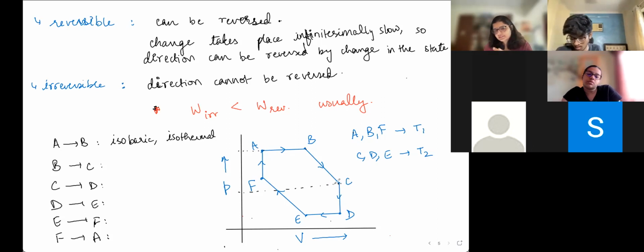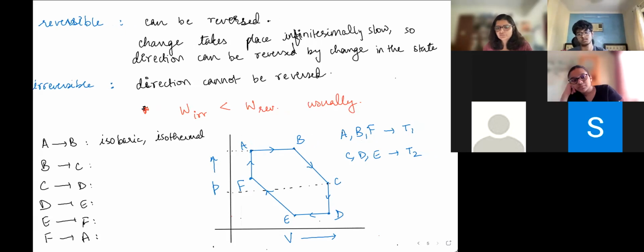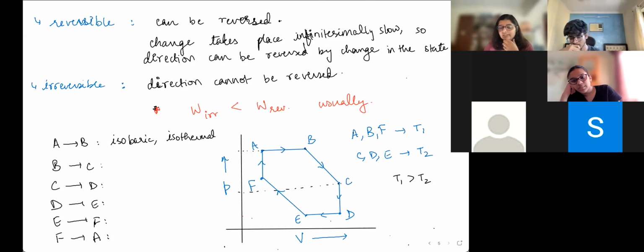So volume is increasing, pressure is decreasing. Actually, let me give you information about temperature also. These three are T1, these three are T2. So T1 is greater than T2. So temperature is also decreasing as you go from B to C. So what can you say about this process going from B to C?